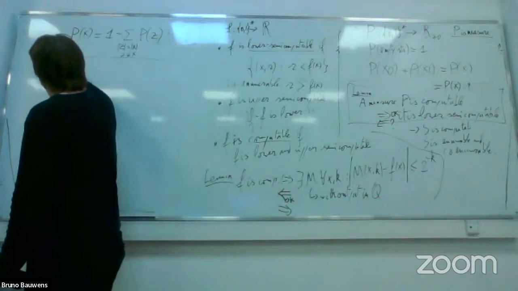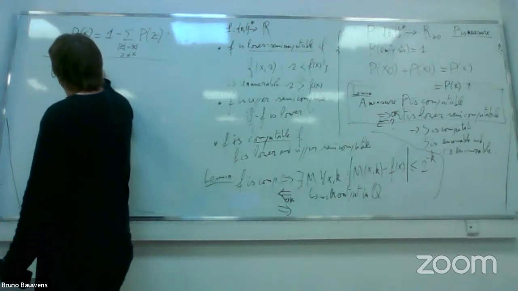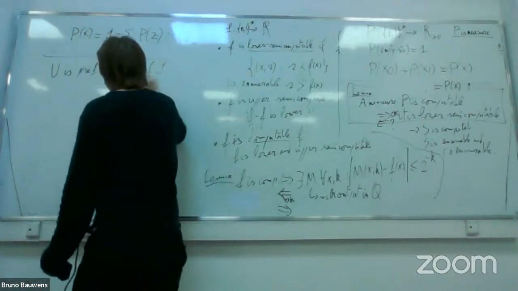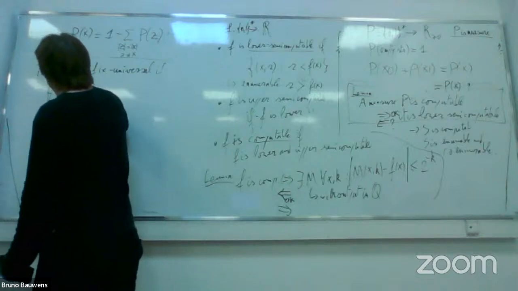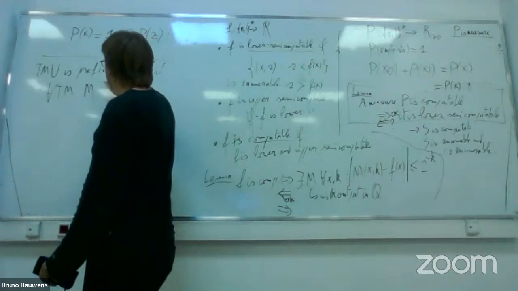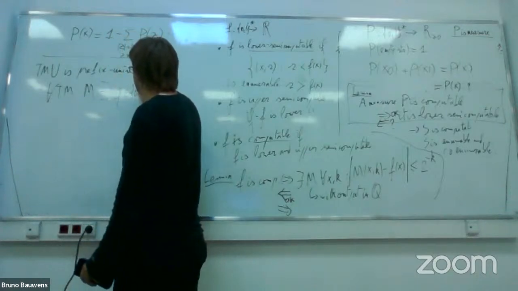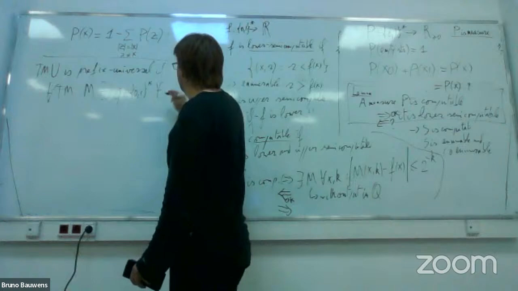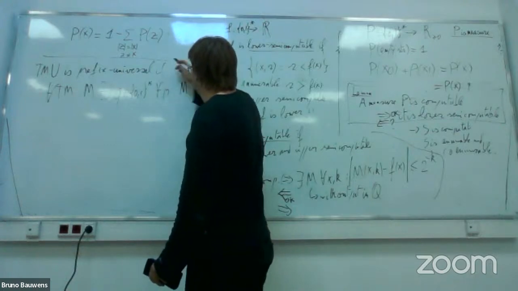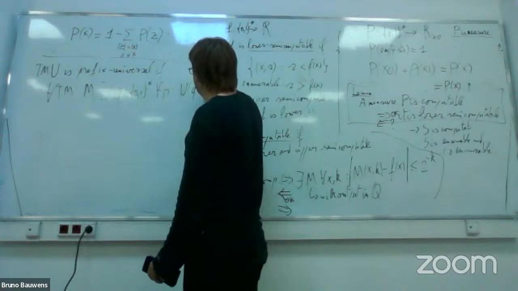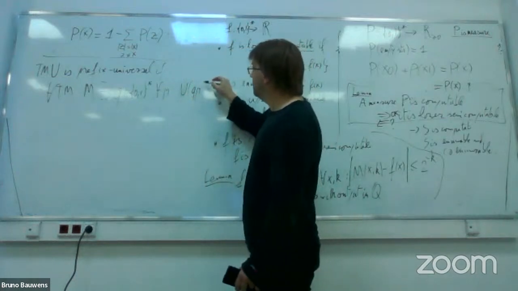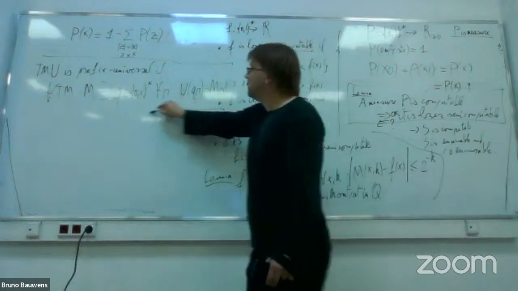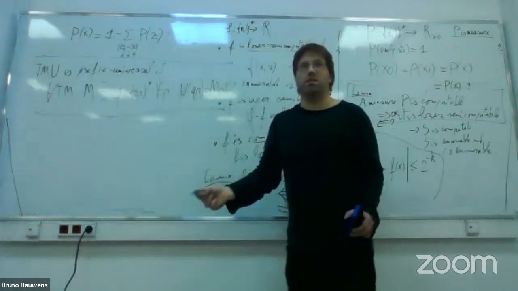So a machine U, as a Turing machine, is prefix universal if for every Turing machine M, there exists Q, a bit string, such that for all inputs P, we have that the universal machine on input concatenation of Q and P is the same as M on input P. So it's a machine that can simulate any other machine.